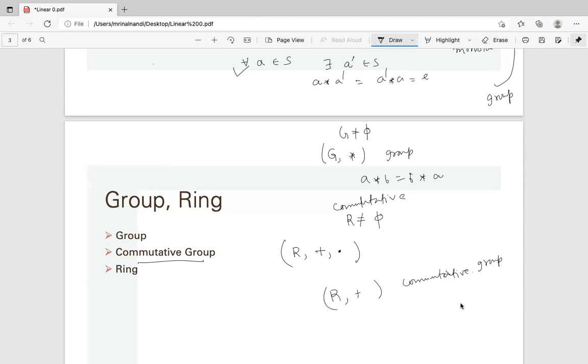So this is a commutative group under the first operation, also called the addition operation. This may not be the usual addition. And with the second operation, some properties are there. It is associative, so under the second operation it is a semigroup.